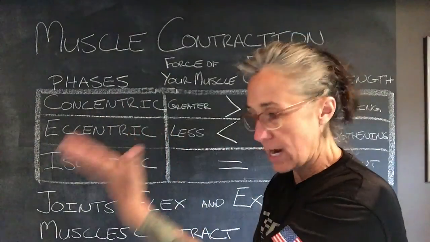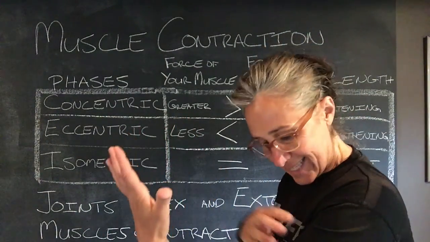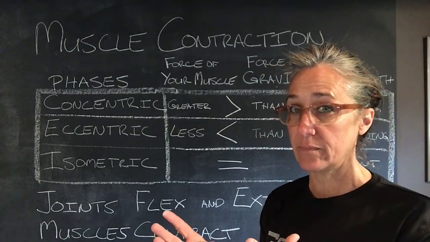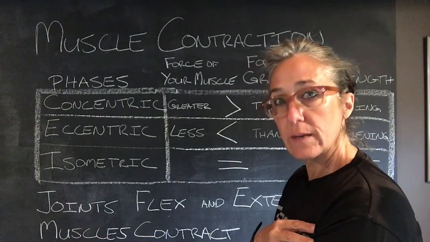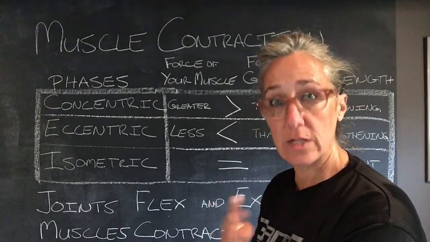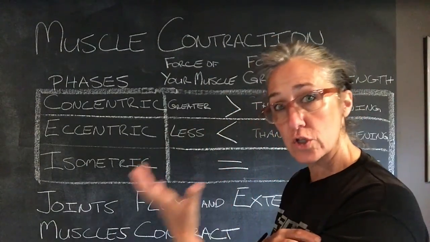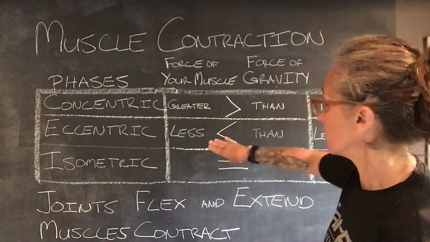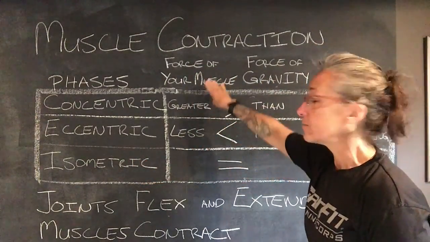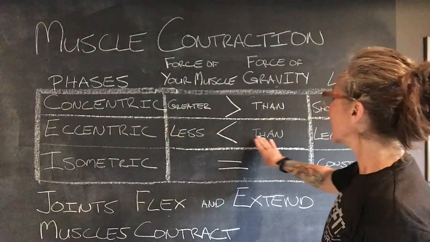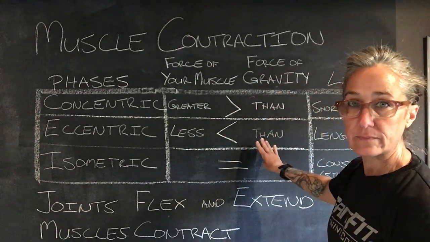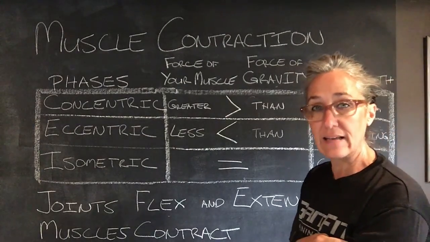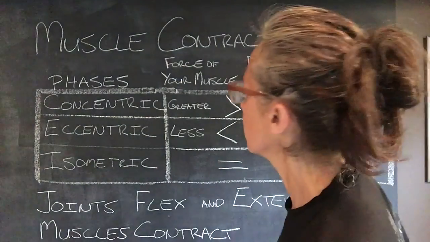I'm not using the tricep to extend the elbow. It's still the biceps, a reduction in the force of the bicep in a controlled manner, returning me to the start position. It's still a muscle contraction of the biceps, but it's the eccentric phase because I am allowing the force of my muscle to be less than the force of gravity. The muscle is lengthening in that phase, still under stress.